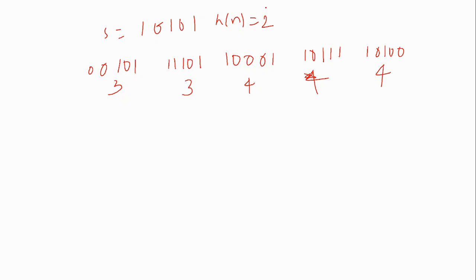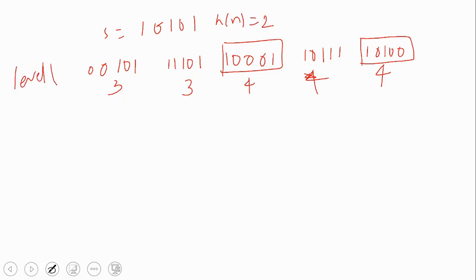Here we have 3 tied values. Whenever you have ties, you follow the alphabetical or numerical order, selecting the least values. These two are the next to visit, in level 1.